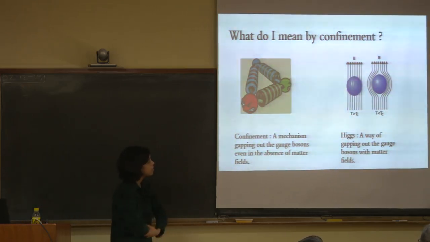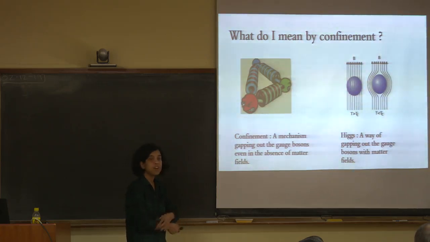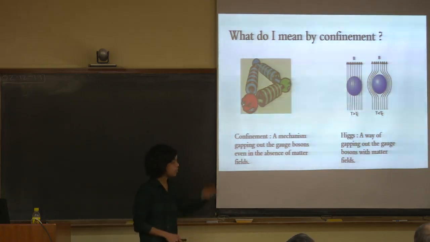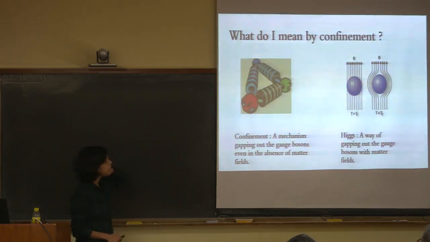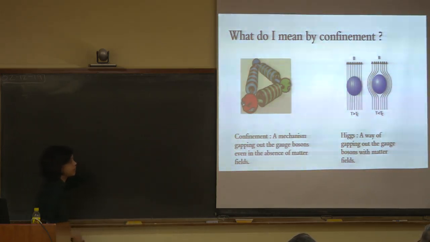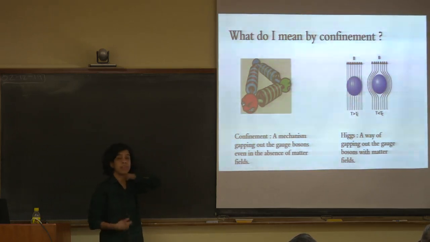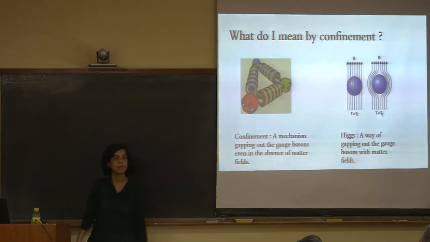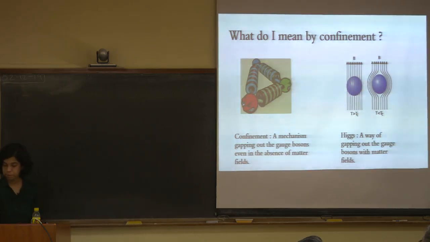Let's say you add some scalars, and the scalars are charged under your gauge group, and so they can gap out the gauge bosons. And so that's your Higgs mechanism. What I mean by confinement is a mechanism of gapping out the gauge boson even in the absence of matter field. So if you took your gauge theory and the matter content and then got rid of the matter content, and you still end up with a gauge theory that has gapped gauge bosons, that's what I would call confinement.